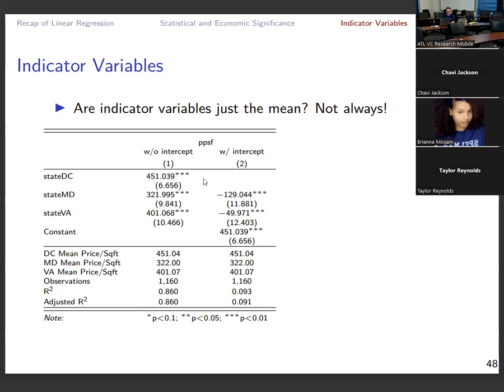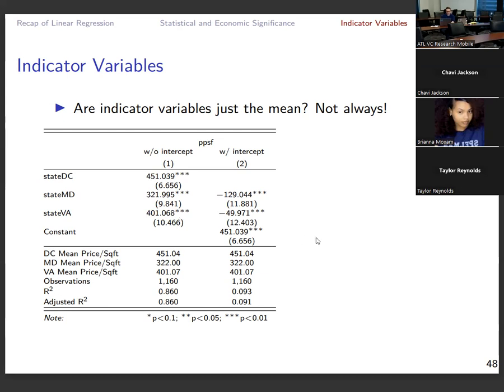The average price per square feet in DC is $451. That's the same thing I get here if I do a regression on those state dummy variables, but with no intercept term. I get 451, I get $321 average for Maryland, I get $401 price per square feet for Virginia properties. So these are the average price per square feet of those homes in DC, in Maryland, in Virginia, okay?